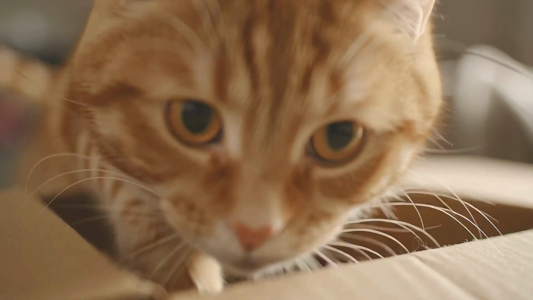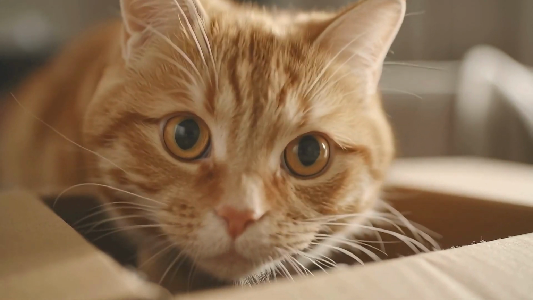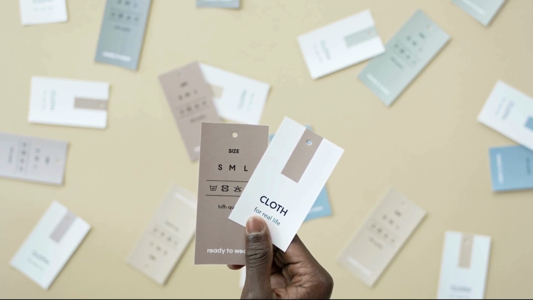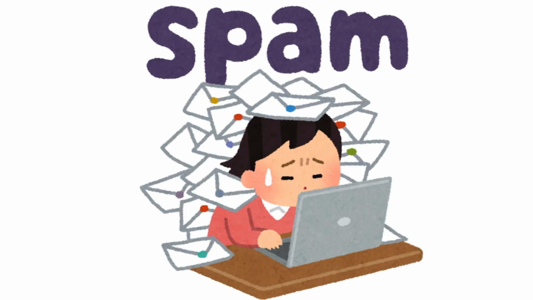At the heart of machine learning are three main types of learning. 1. Supervised learning. Here, we train the computer with labeled data. For example, showing it emails marked as spam or not spam so it can learn the difference. 2. Unsupervised learning.